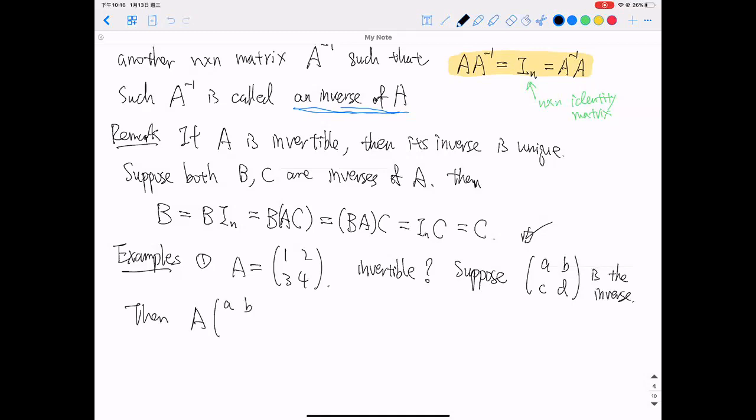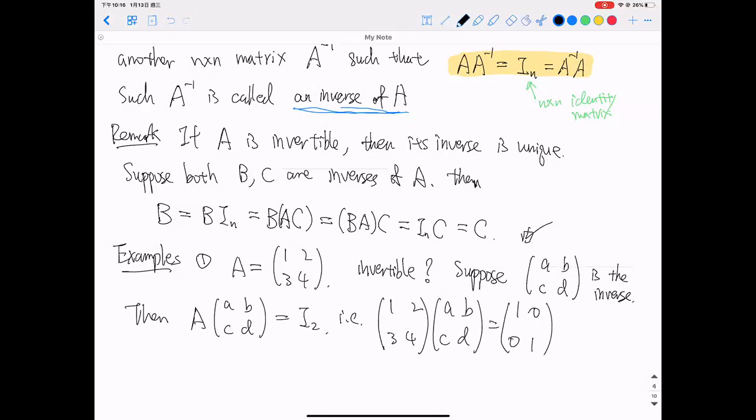A times that equals the identity matrix of size 2 by 2. And that means 1, 2, 3, 4 times a, b, c, d equals 1, 0, 0, 1.